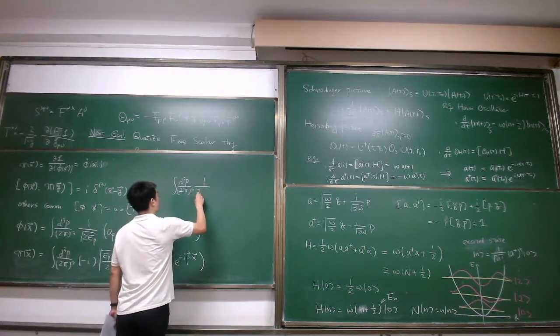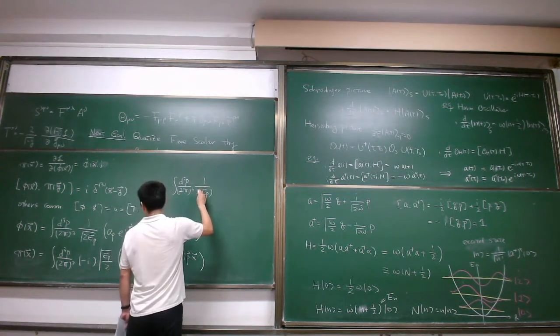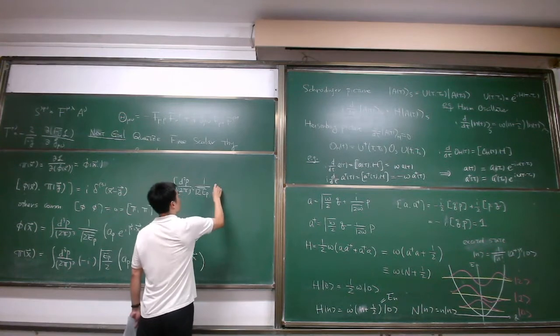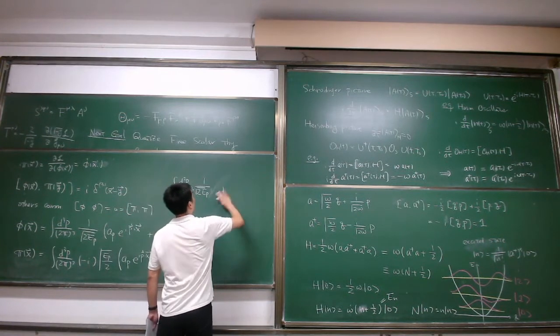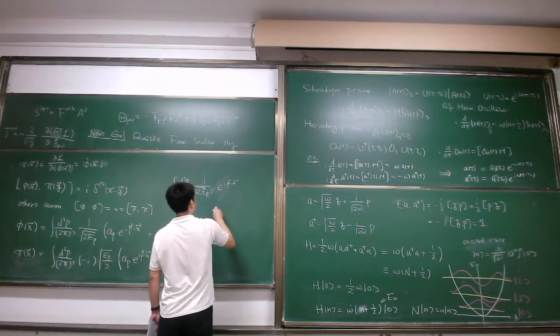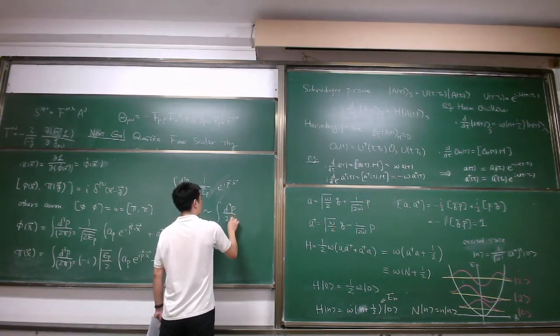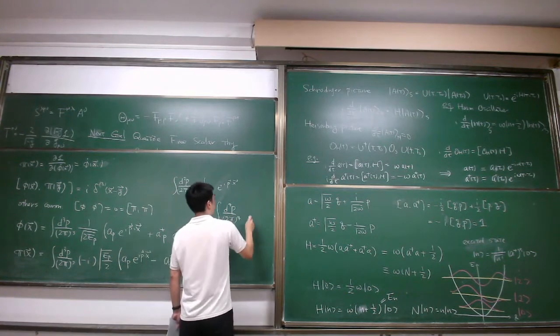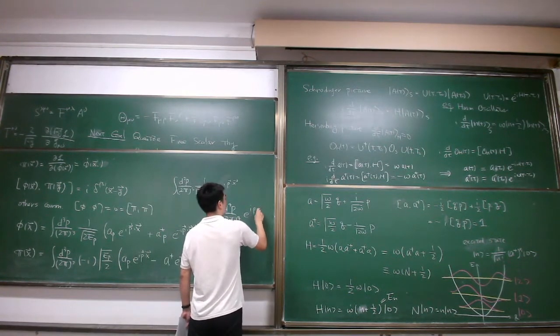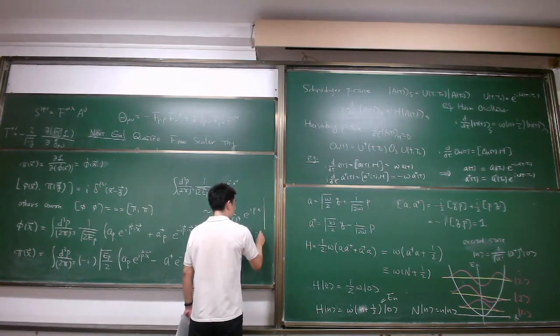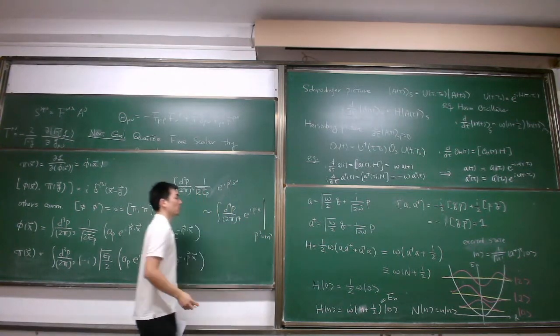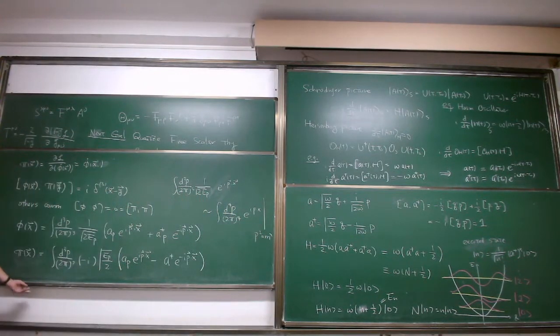It is essentially the same as e to the i p dot x, and then you just impose p squared equal to m squared. I will explain why this should be the same.